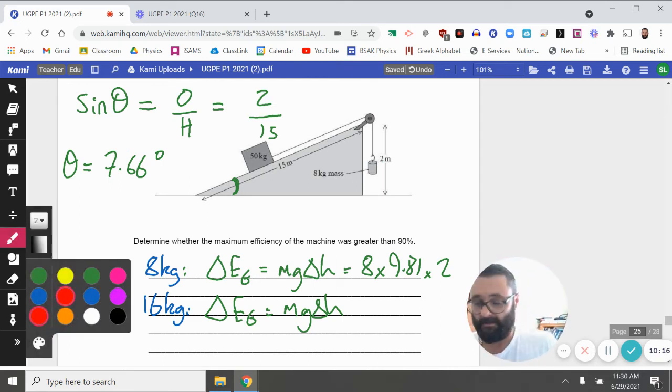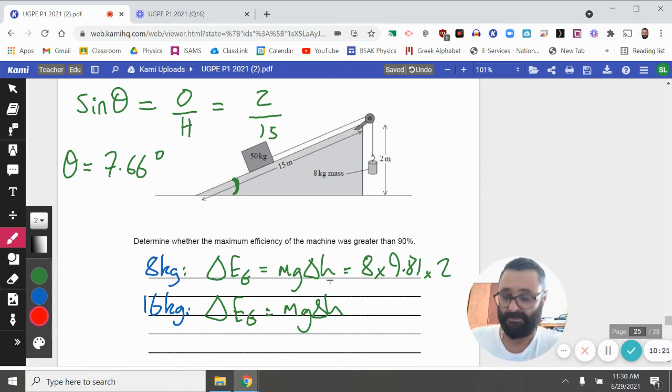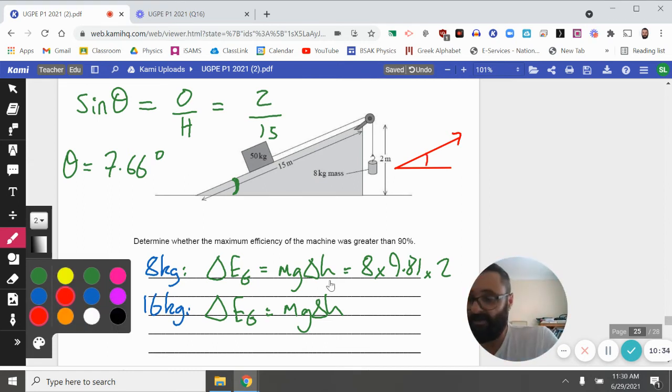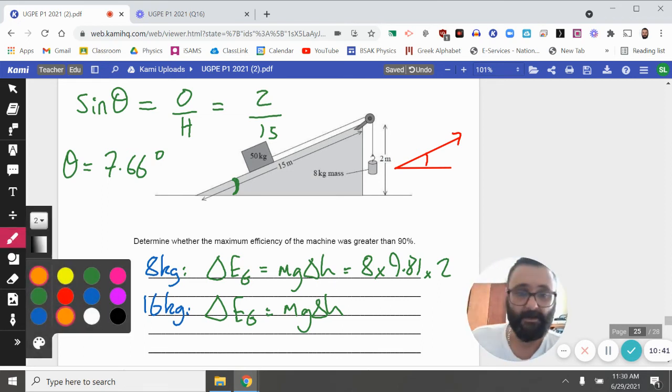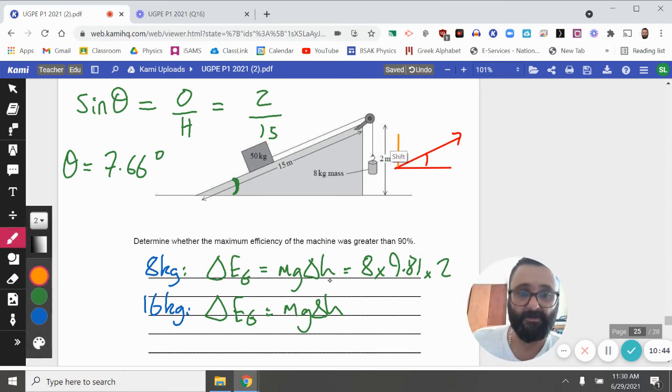When the 50 kilogram mass moves 2 meters up the slope at an angle of 7.66 degrees, we need to work out the height it moves vertically upwards. That's going to be the vertical component of the displacement up the slope, isn't it?